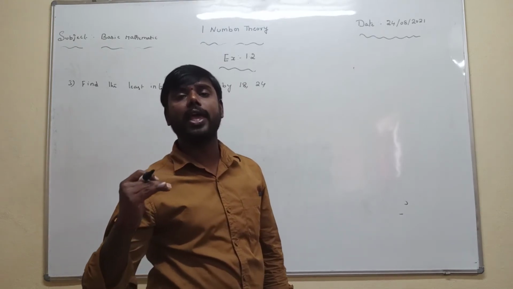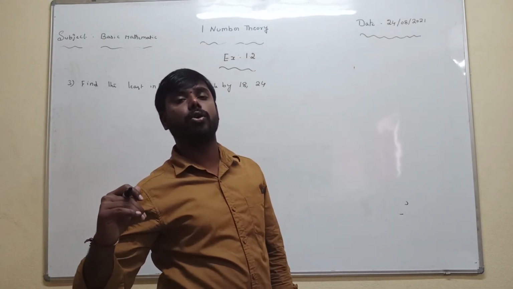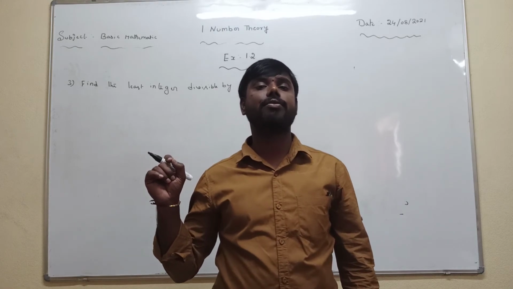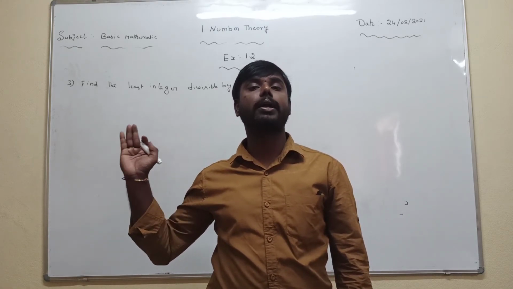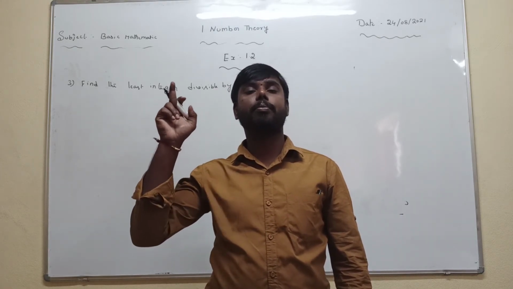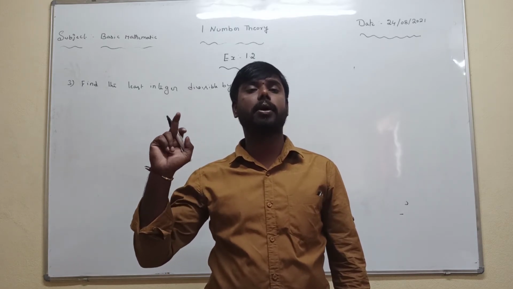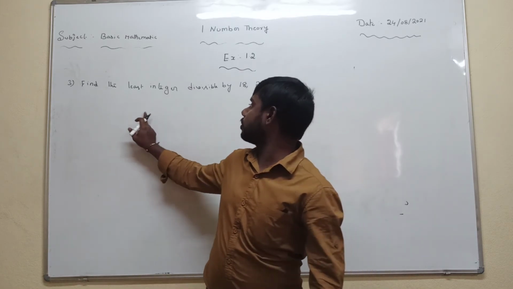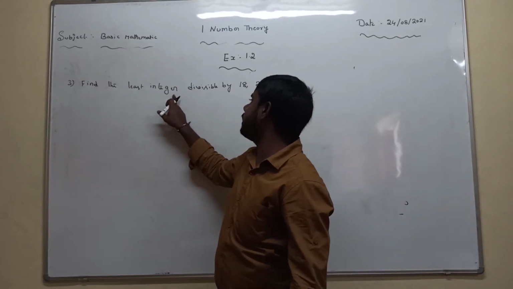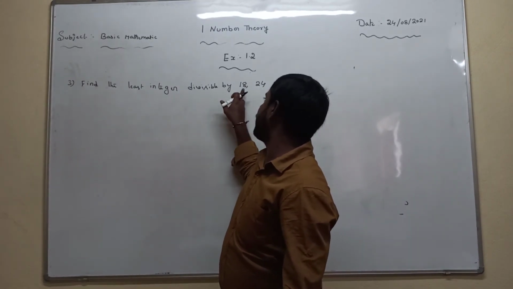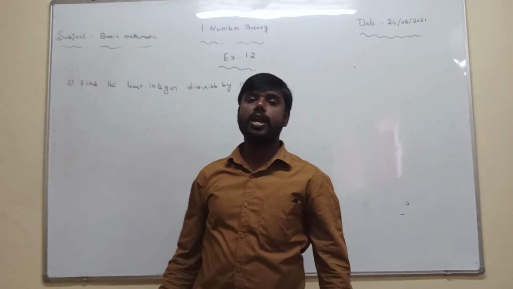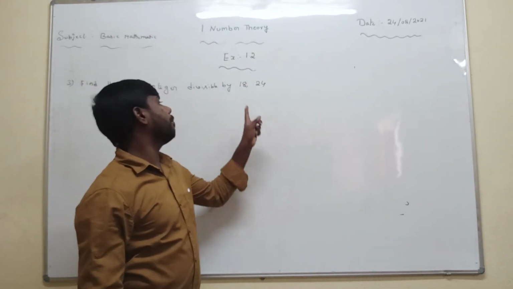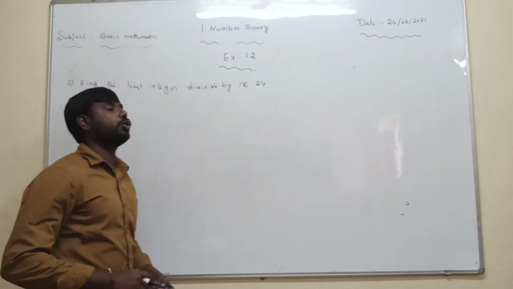Why are we applying the LCM method only? LCM stands for least common multiple. In LCM, the first letter is L, and L is nothing but least. In the given question also, find the least integer divisible by 18 comma 24 means we are applying the LCM of 18 comma 24.